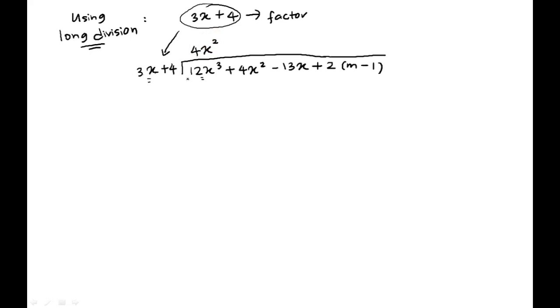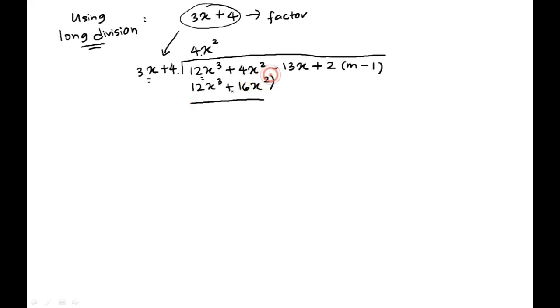So 4 times 3, 12. x squared times x, x cubed. And then 4x squared times 4, 4 times 4, plus 16x squared.